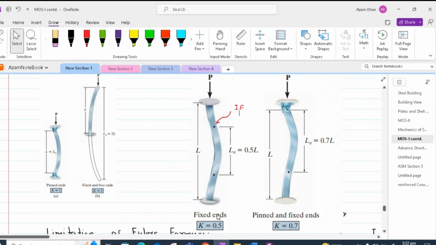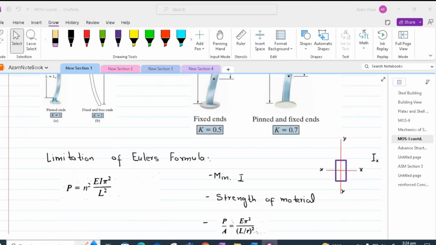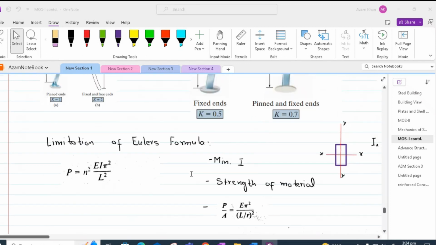So in the case of fixed ends, the inflection point is at 0.5L, and from there the curve starts changing its curvature. Similarly, in the case of pinned and fixed ends, the point of contraflexure or inflection point is at 0.7L from the top pin support, and we can see that the curve starts to change its curvature after the inflection point.